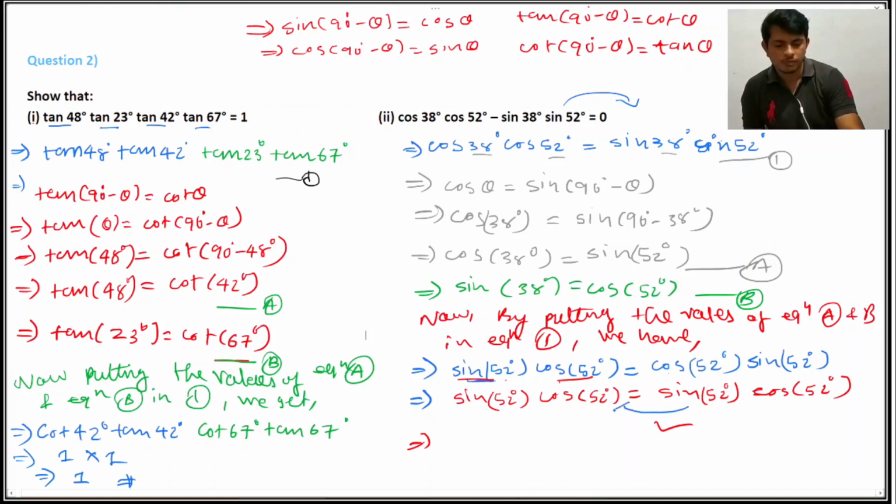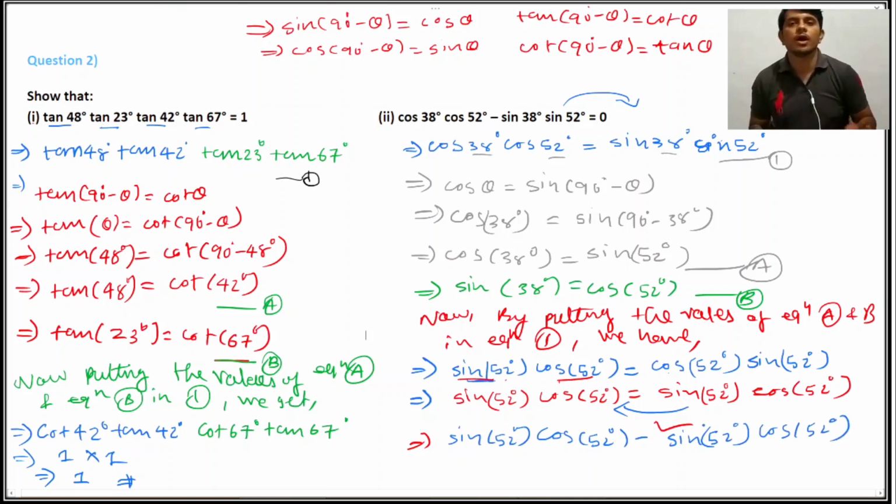So we have sin 52 degree cos 52 degree minus sin 52 degree cos 52 degree, and we already know that if we subtract two equal values, the result will be 0. So this equals 0, right? That's what we have to prove. So we just proved this question number 2.